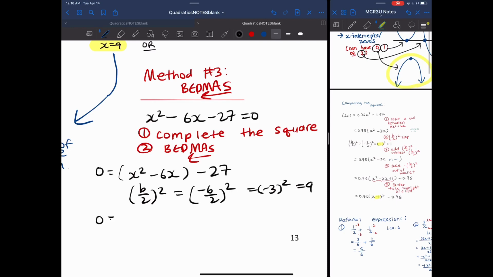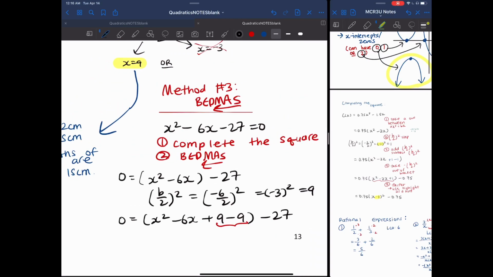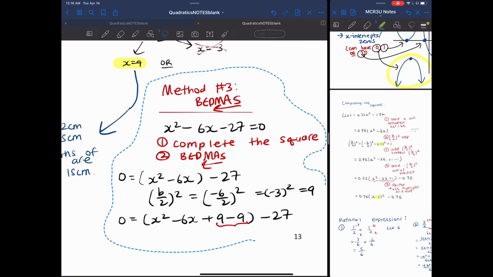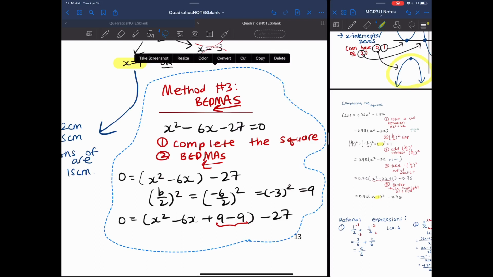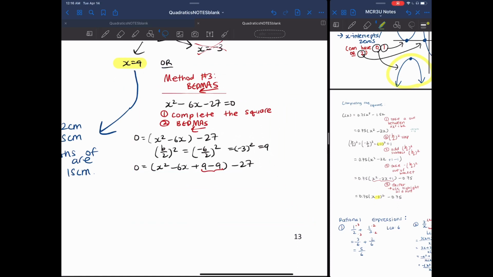So that is a number that I'm going to add and subtract within here, because I'm not really changing anything if I'm adding 9 and subtracting 9 to help me get to completing the square. Because I want to introduce that vertex at the end. Okay, so right here.